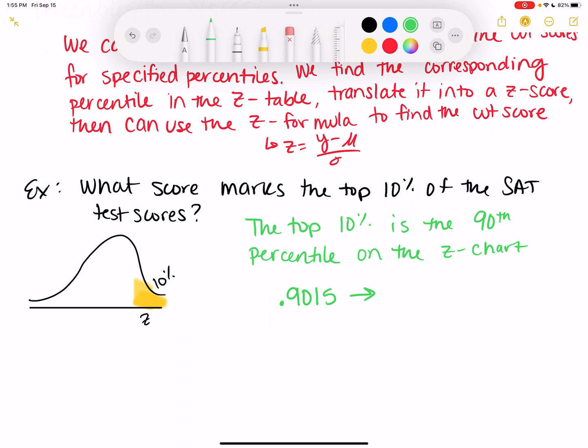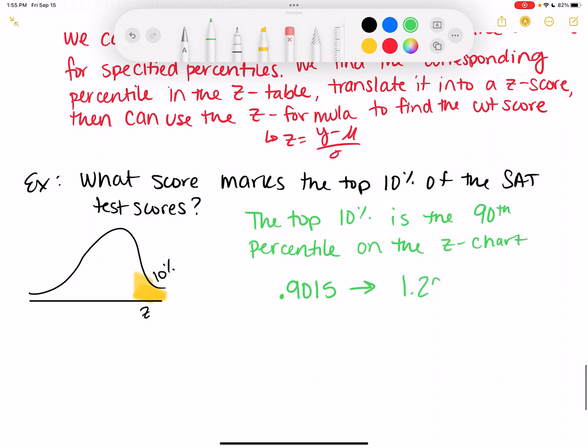That number translated is coming across here. So 1.2 and then 0.09. So 1.29. Okay. So 1.29 is my Z value.